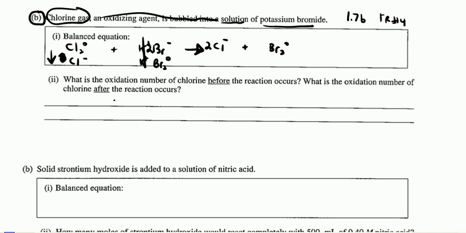The oxidation number of chlorine before is 0 for Cl2, and the oxidation number of chlorine after is minus 1 for Cl minus. Chlorine was reduced in this case, which makes it the oxidizing agent.